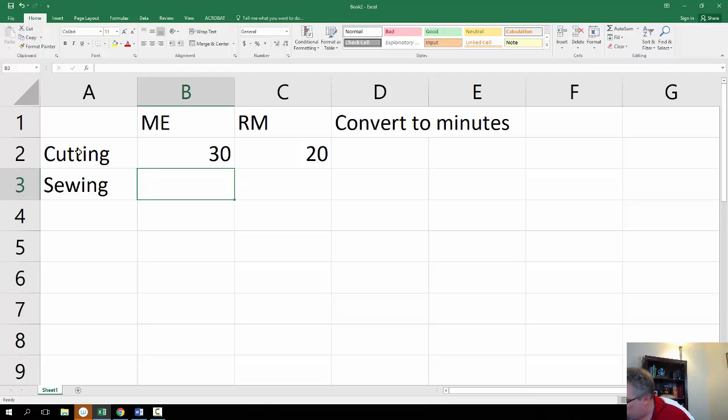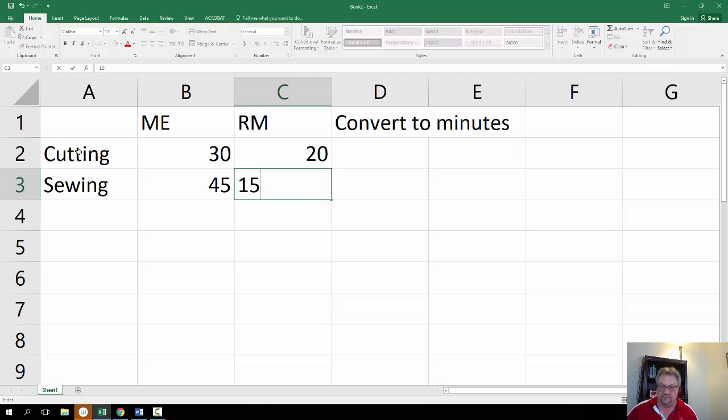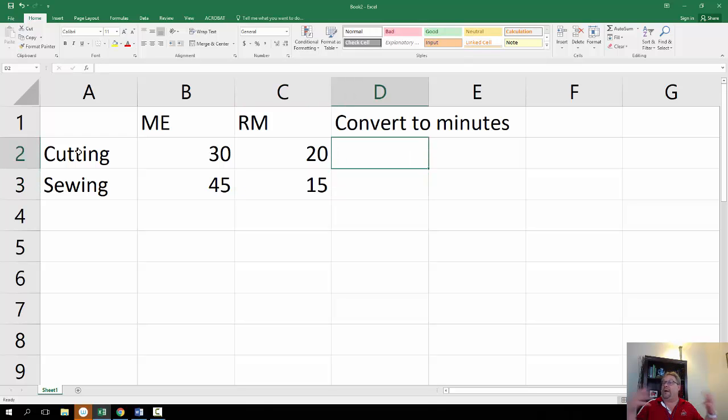Then for sewing, Mount Everest is 45 minutes of sewing, and the other one is 15 minutes. And then the idea is my plant capacity, so these are going to be less than or equal to.